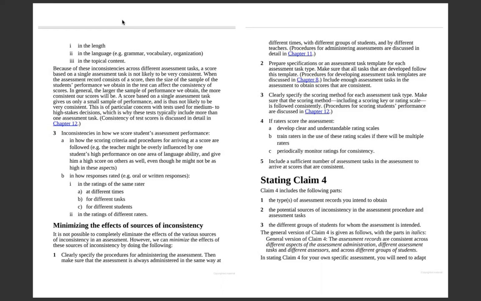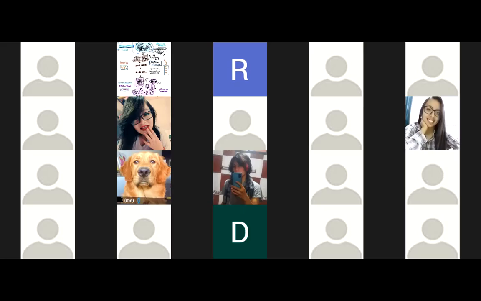In 7.2, you have to describe a little more, but basically it's the same as the example of stating claim 4, a similar exercise. So I'll be sending you this in a few minutes for your homework, which we will check on Monday, if you have any questions or if you found any problem.